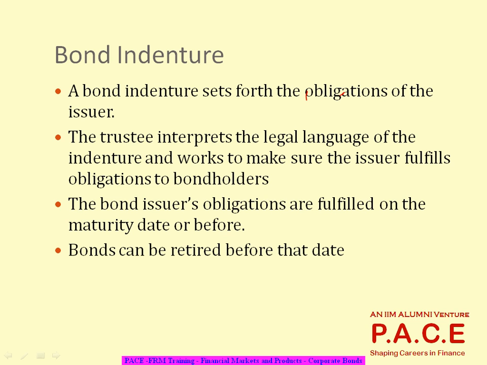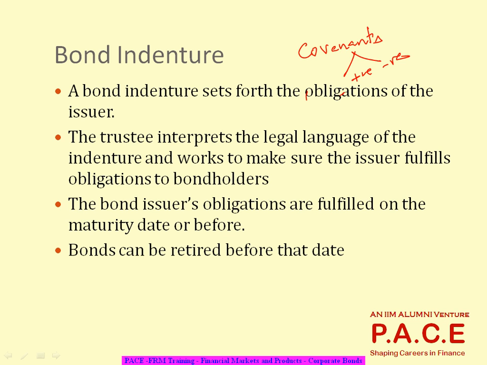So an indenture is like a one-stop document for the bond, which will have covenants, typically positive covenants as well as negative covenants. Positives are what the issuer will have to do, like maintaining some ratios.